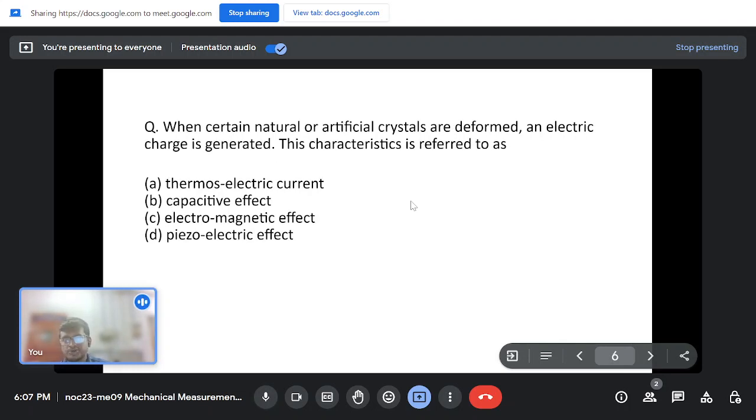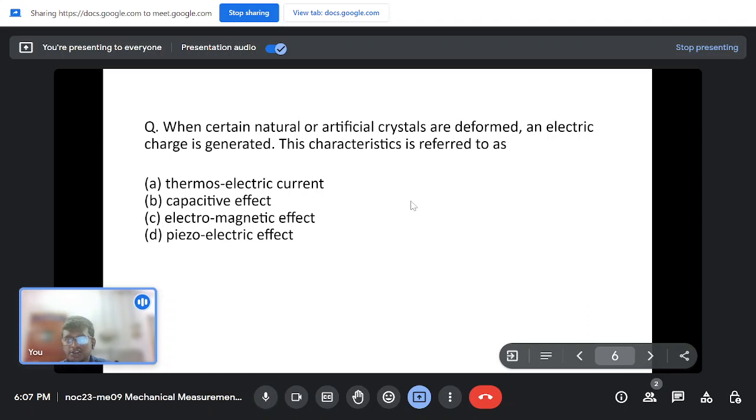Moving on to the next question: when certain natural or artificial crystals are deformed, an electric charge is generated. This characteristic is referred to as A, thermoelectric current; B, capacitive effect; C, electromagnetic effect; D, piezoelectric effect.